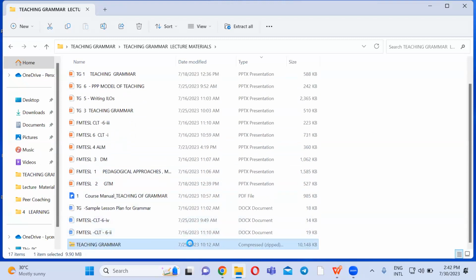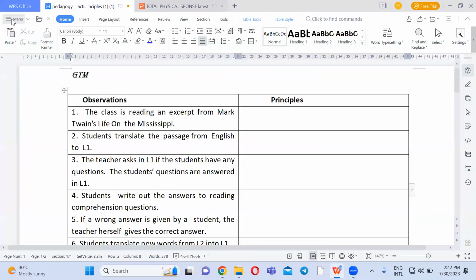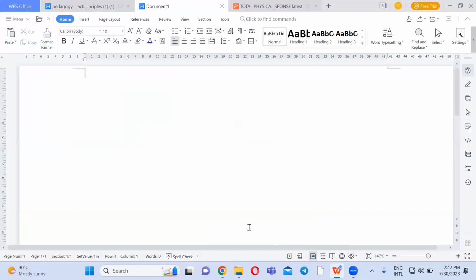I will actually open a Word document and show you what you're supposed to do, because I downloaded it and I can't actually locate it right now.